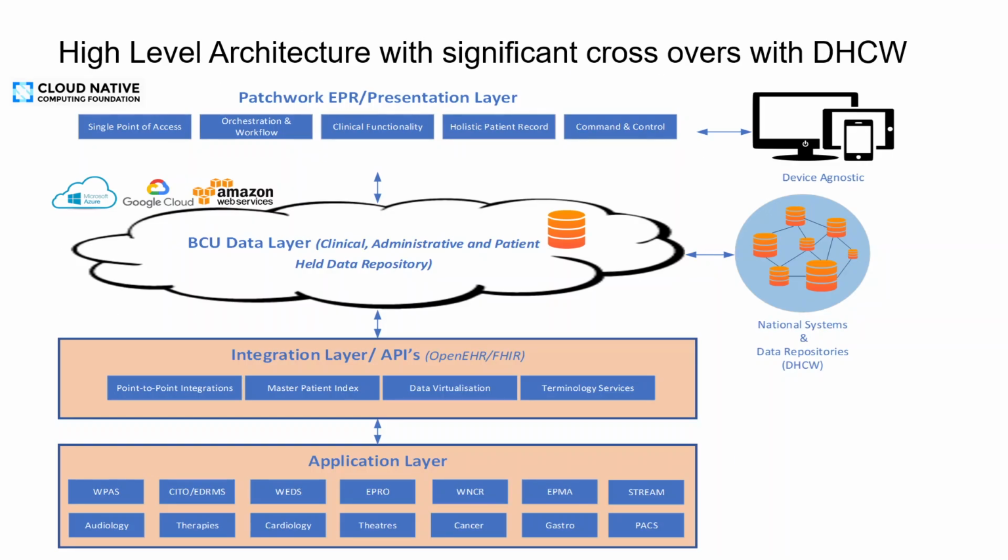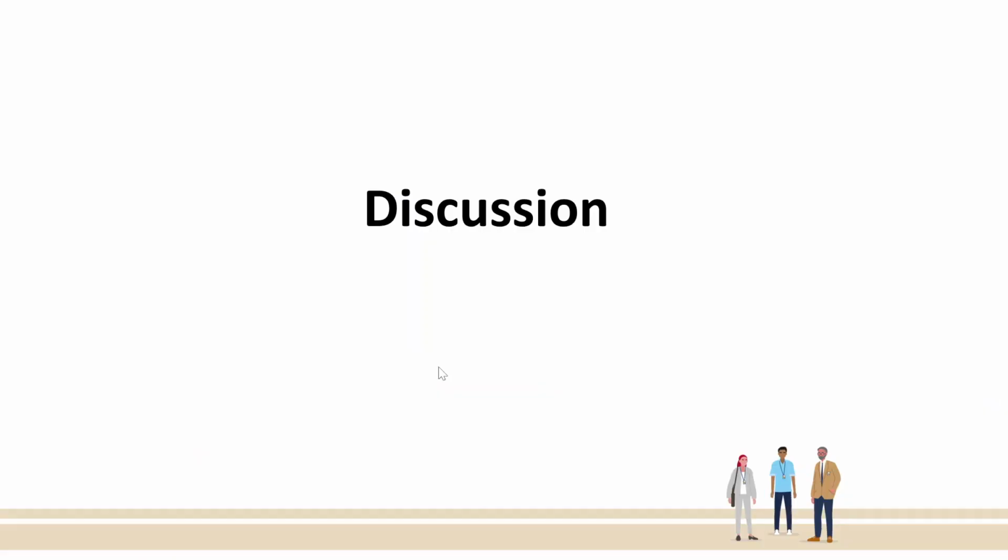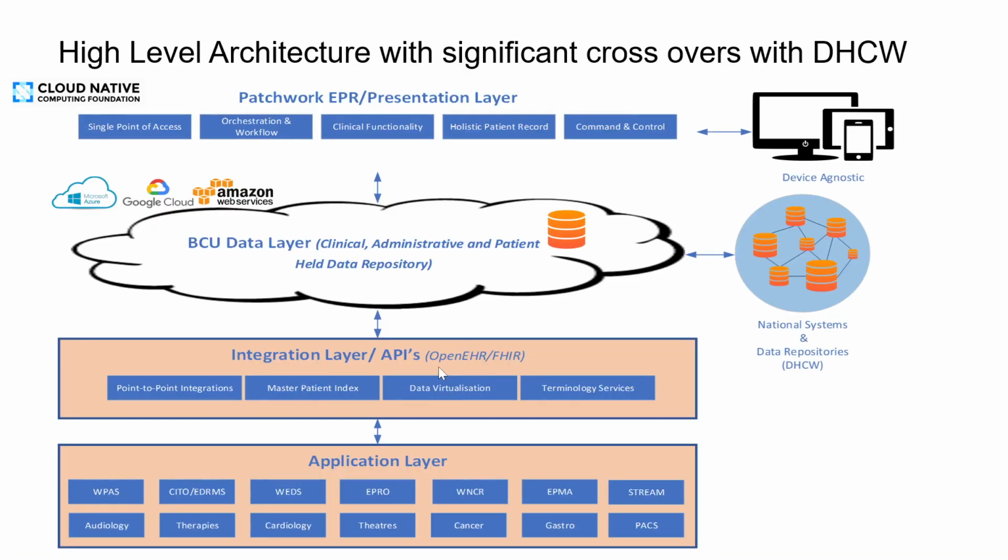Well, first of all, as you might expect, our high-level architectural view is very similar and parallels with that, isn't there? And also really important for us, of course, are the crossovers and linkages with DHCW thinking and their architectural thinking. So first of all, what you see on this diagram is the legacy-based applications at the bottom there, the application layer.